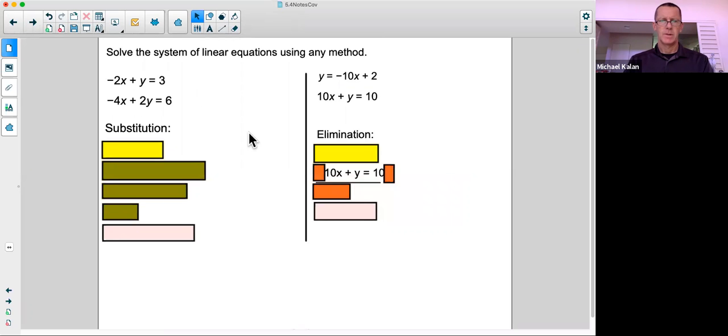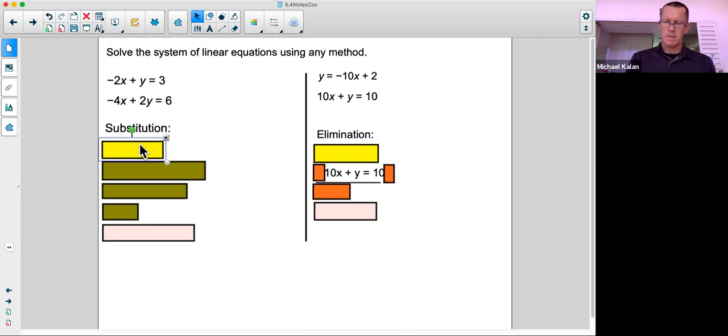All right, so go ahead and solve these by the method. Well, you can use any method. Well, think about this. Why did I do it by substitution on the left? Hopefully you're thinking it's because I already have one of the variables that's easy to isolate, right?